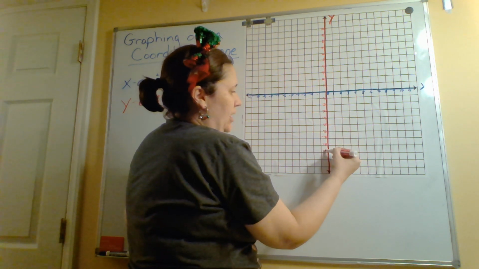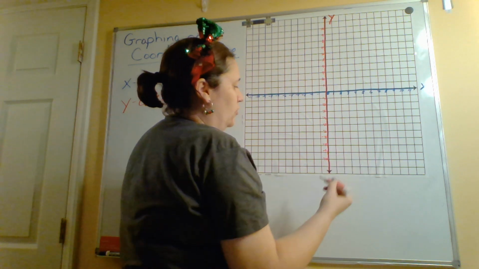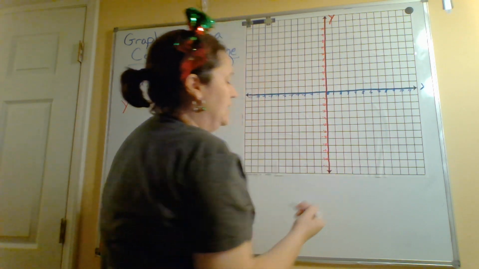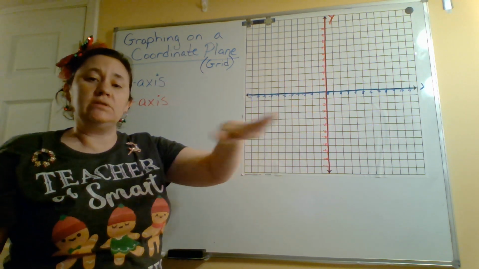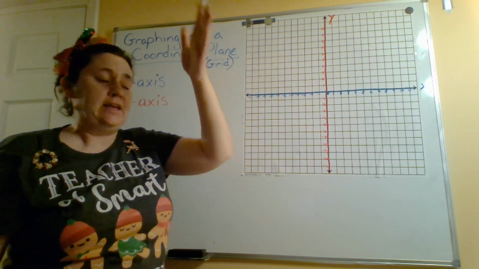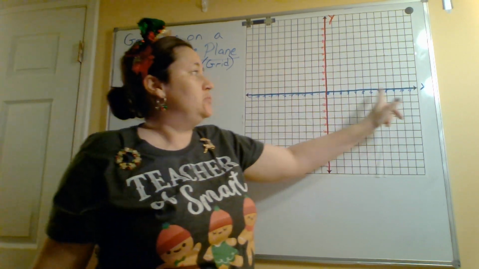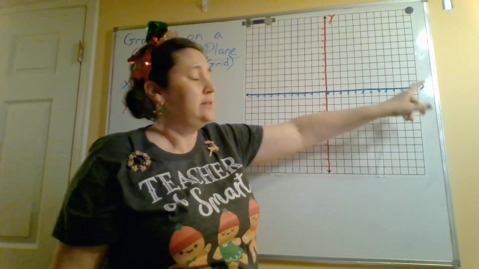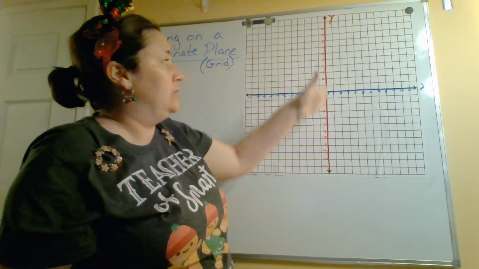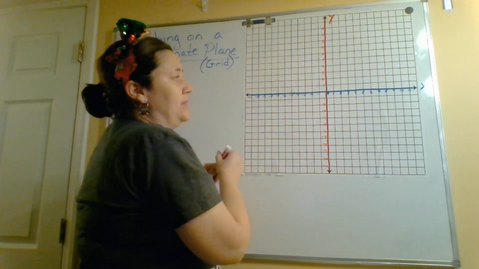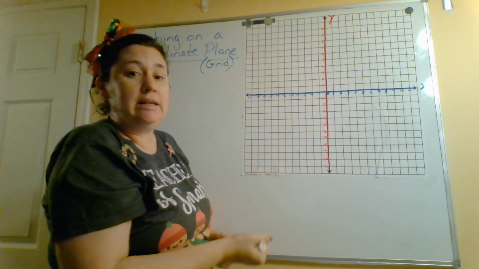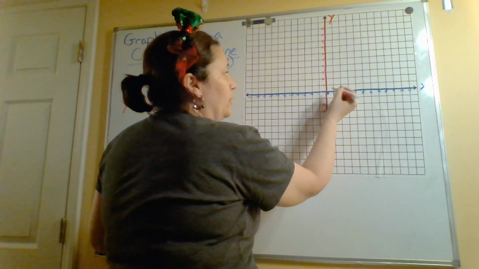So this giant coordinate plane or coordinate grid is two number lines that cross each other. One goes left and right, and one goes up and down. The one that goes left to right is the x-axis. The one that goes up and down is the y-axis. The point in the middle where they meet, where they're both 0, is called the origin.